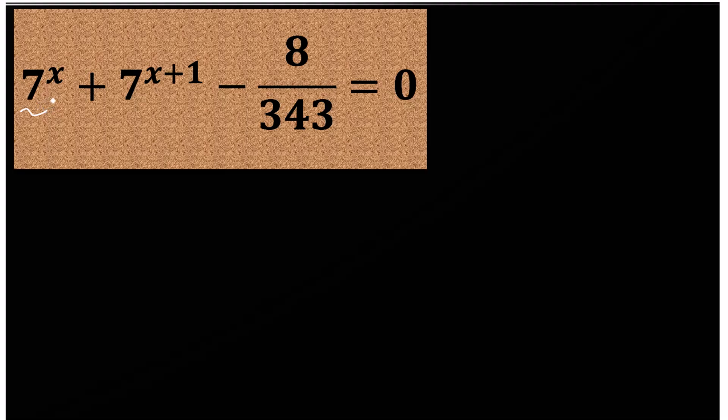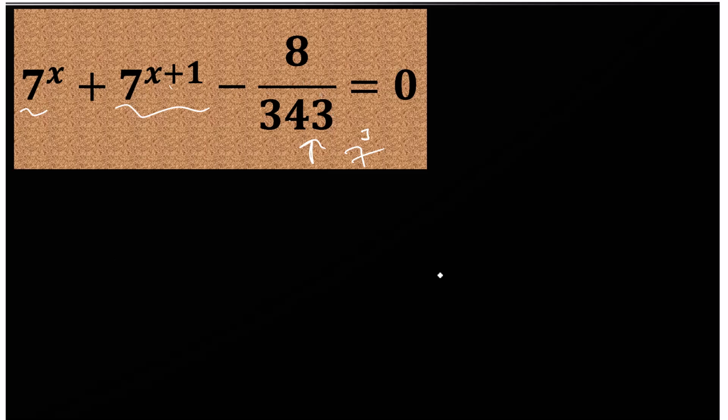7 to the power x plus 7 to the power x plus 1 minus 8 on 343. Now, don't forget that 7 to the power 3 is the same as 343.